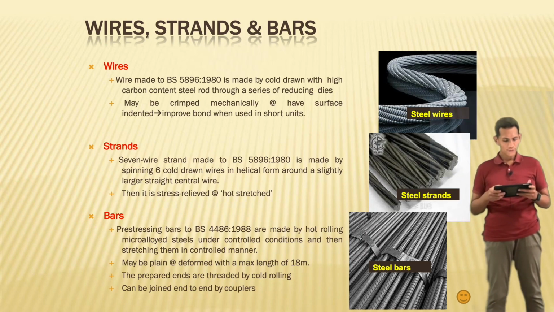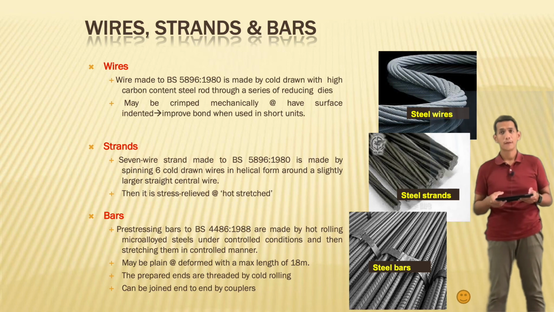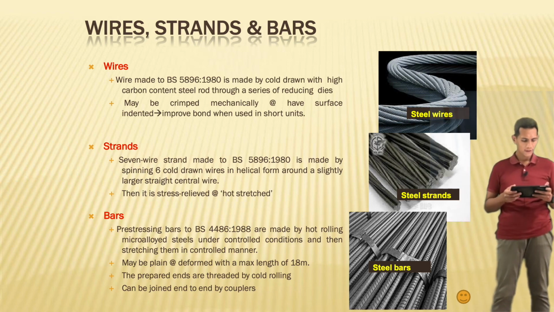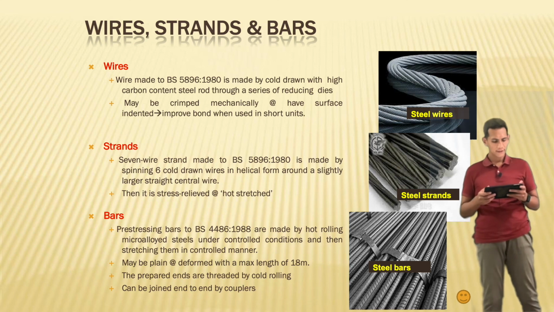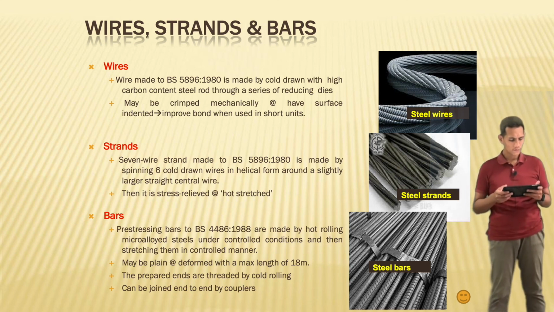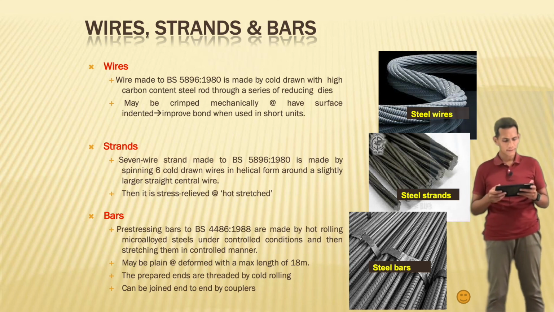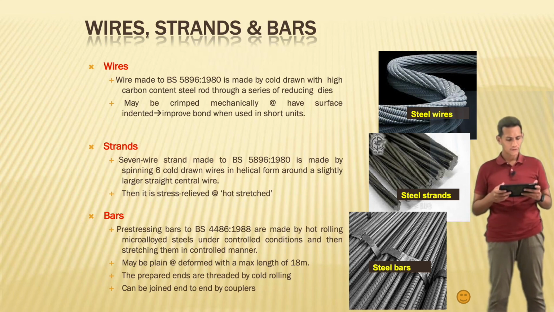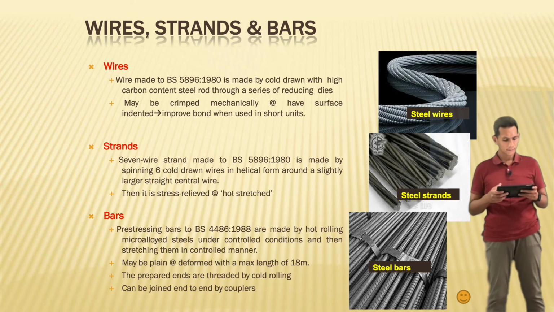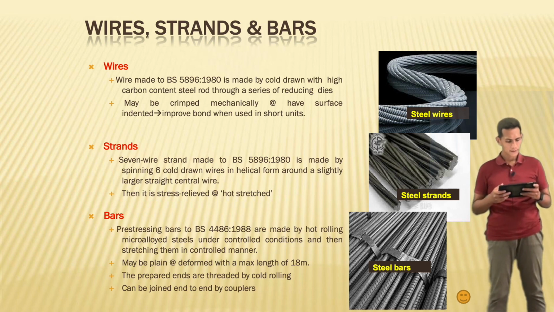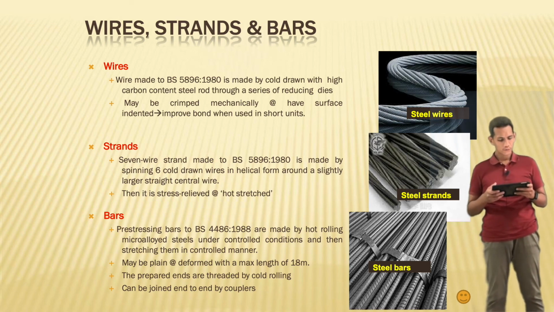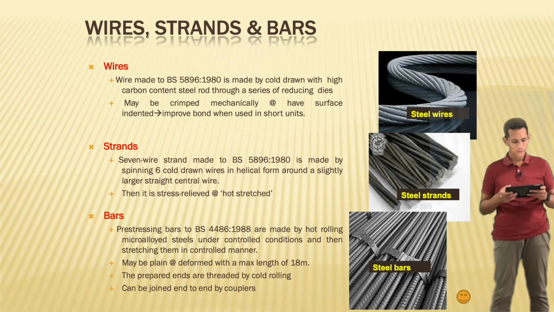And then we have wires, strands, and bars. Wire made to BS 5896 1980 is made of cold drawn high carbon content steel wrought through a series of reducing dies, and may be crimped mechanically or have a surface indented to improve bond when used in short units.